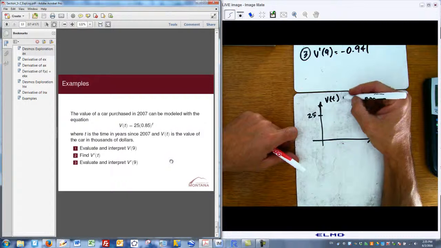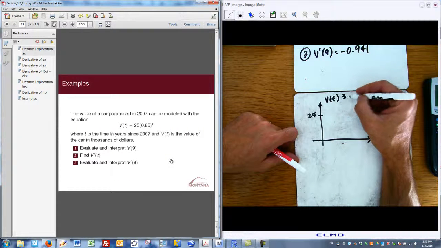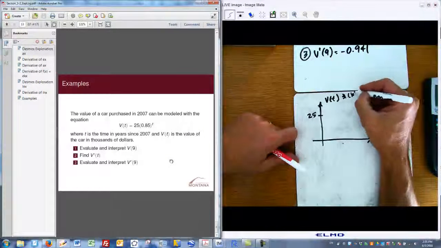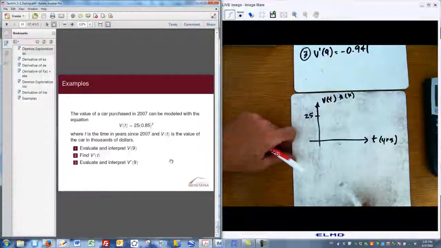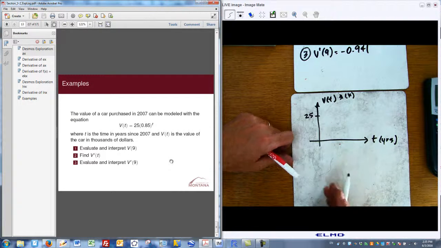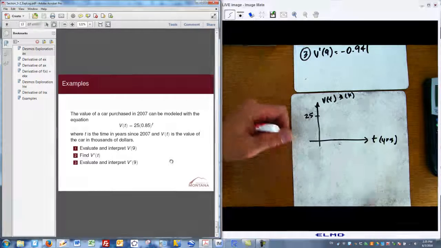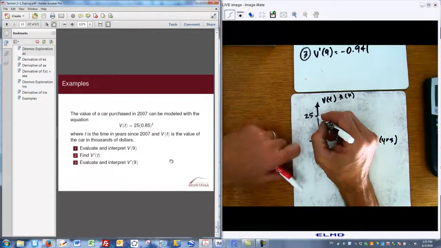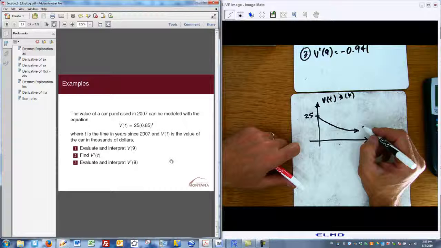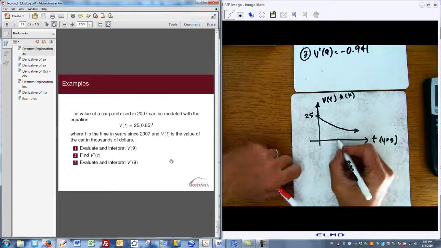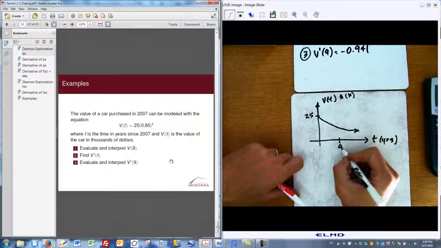This is dollars, but in thousands, and this is in years. And since the base on the exponential function is less than 1, we are reducing, so it's an exponential decay situation, something like this.